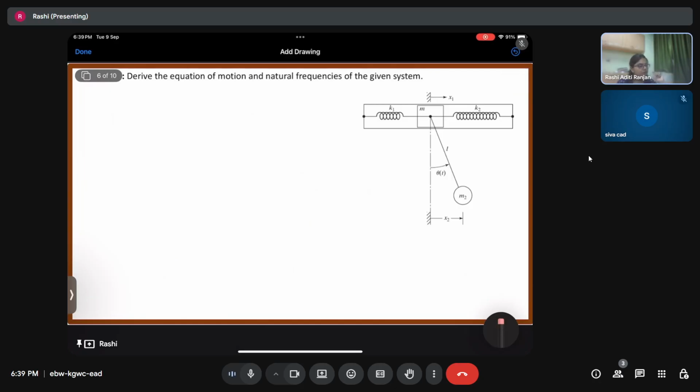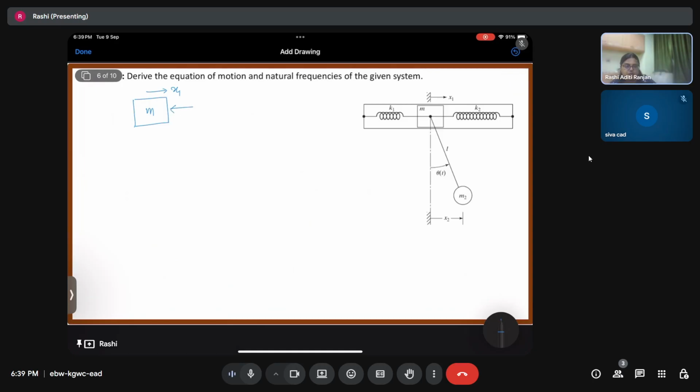Okay. So first, let's write the force balance or the free body diagram for mass m. It is displaced in this direction by the amount x1. So both the springs are going to apply force in the left direction.